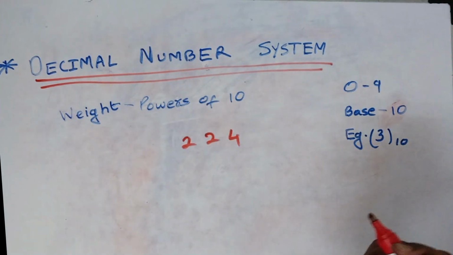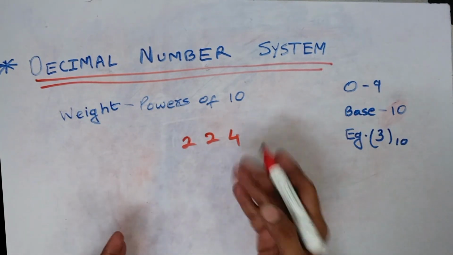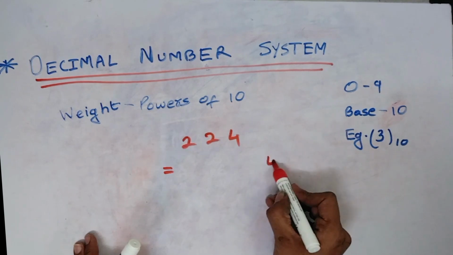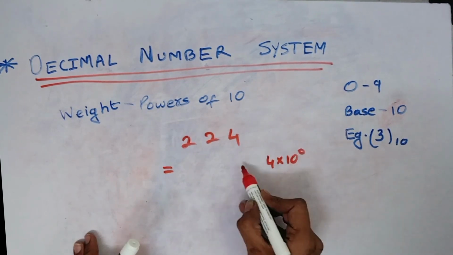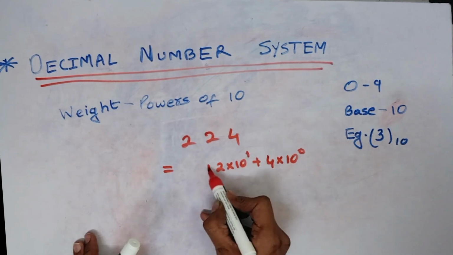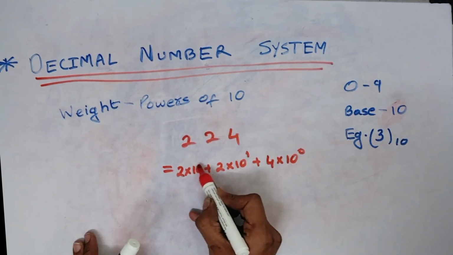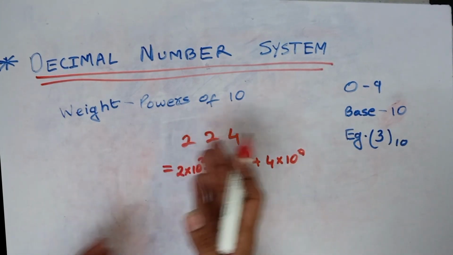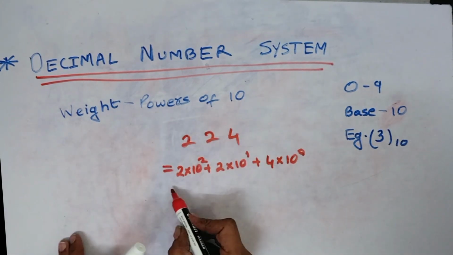Let us simply write it in powers of 10: 4 into 10 raised to 0 plus 2 into 10 raised to 1 plus 2 into 10 raised to 2. You can see that first it was 0, 1, 2, and if there are more digits, we can add 3, 4, 5, like I said earlier.